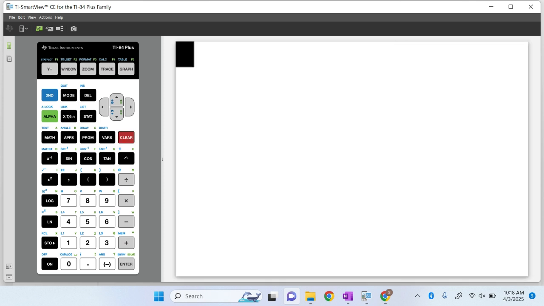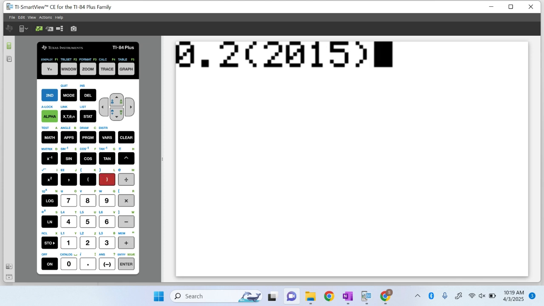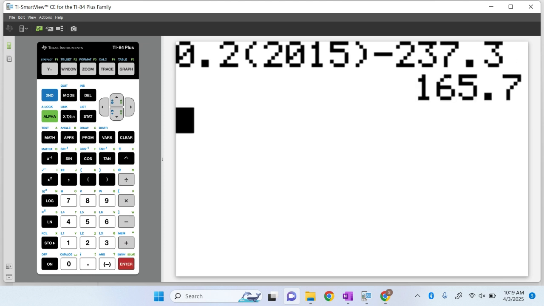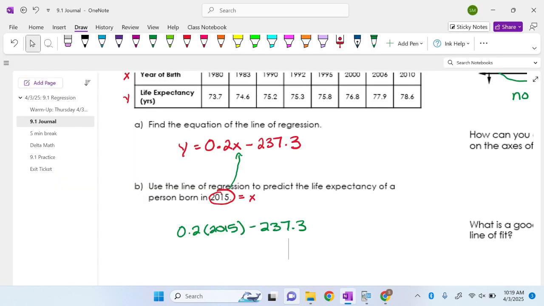So let's just do a quick calculation together. 0.2 times 2015 minus 237.3. I'm just going to put it in exactly. Yeah, you guys are right. 165.7.